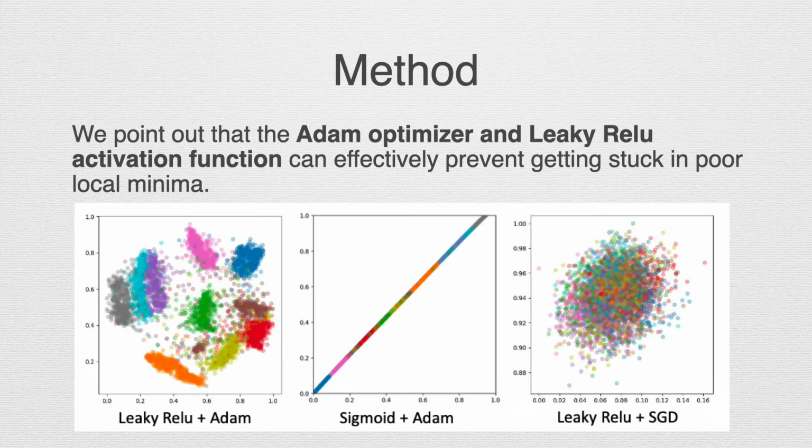And the Adam optimizer considers the momentum to prevent high oscillation when partial samples are utilized to update network parameters. Hence, we point out that the proper activation function and optimizer are essential when training neural networks to reduce the data dimensionality.